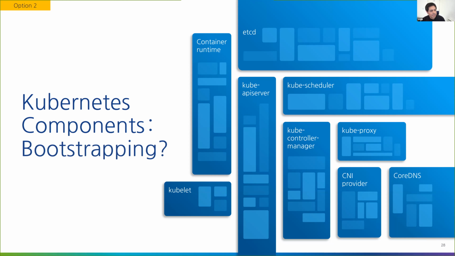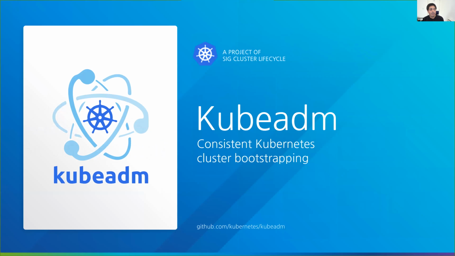So the first thing we need to do is bootstrap these components. Instead of reinventing the wheel, Cluster API is built in layers, and this initial layer is kubeadm. The kubeadm project has been running for a number of years within SIG Cluster Lifecycle, and it started life as a command line installation tool that you could run on a machine, and it will bring up a control plane. We actually use kubeadm inside Cluster API to create Kubernetes clusters.